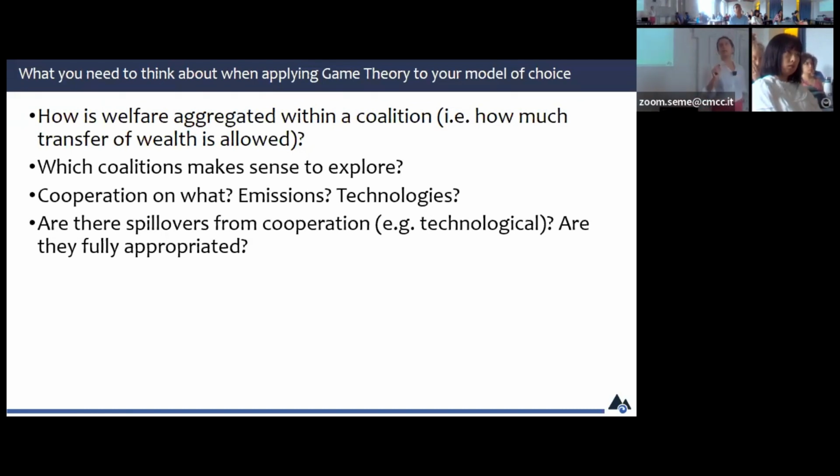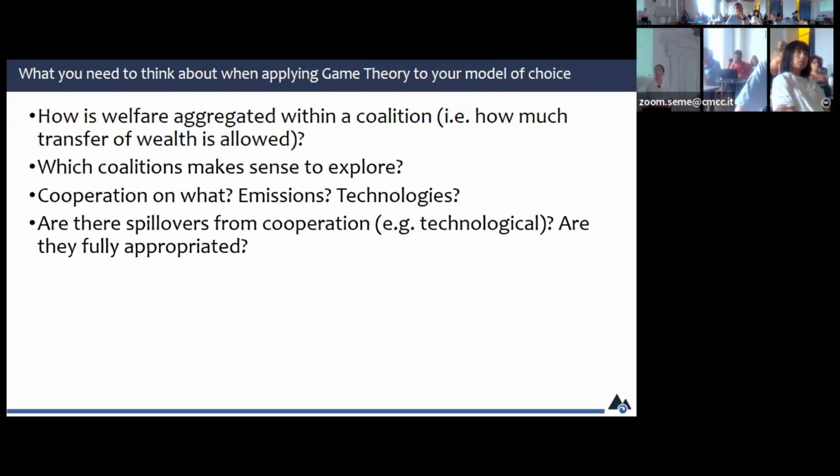So is the cost of a technology, for example, in a country that is mitigating, the cost of that in that country alone, or is the cost of the technology a global cost? If the first case, then there's no spillover. The good fact of mitigation, that is to lower the cost of technology, is not shared with the fringe. Else you can then experiment to share that cost and see what happens.